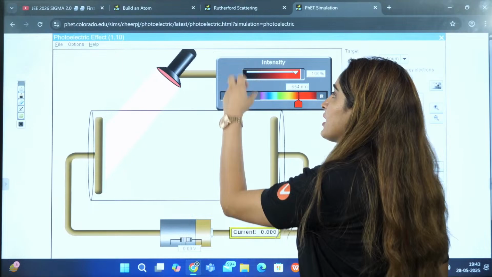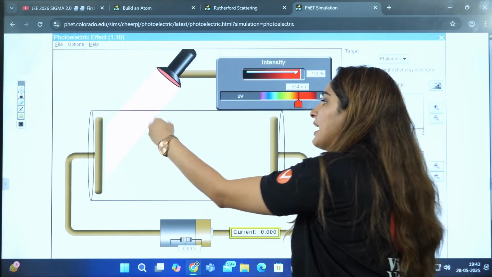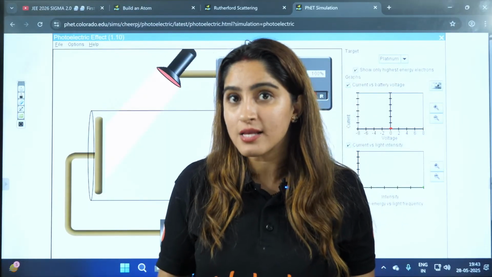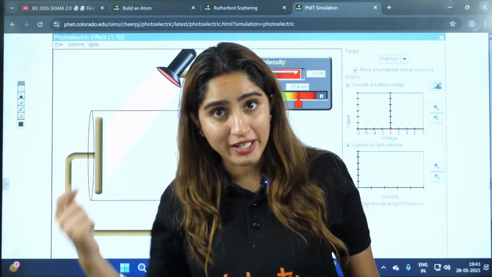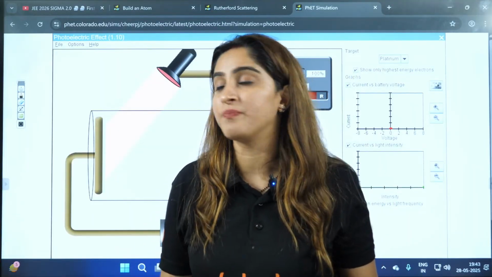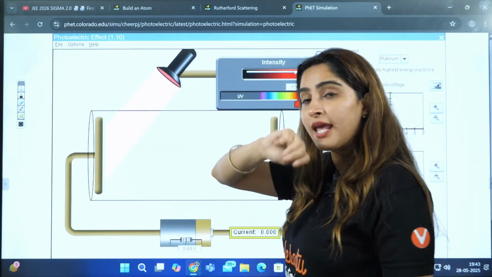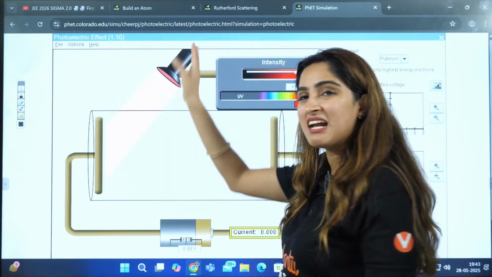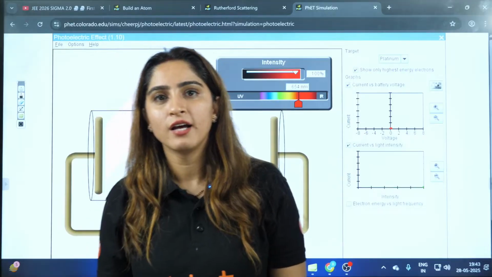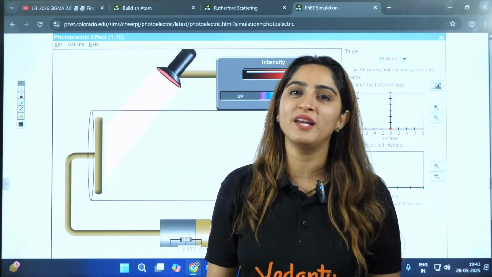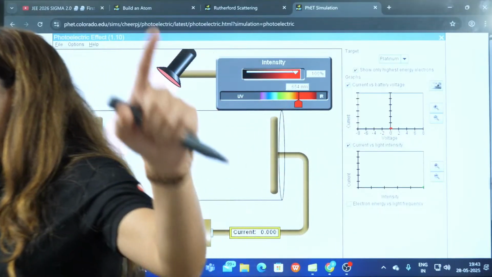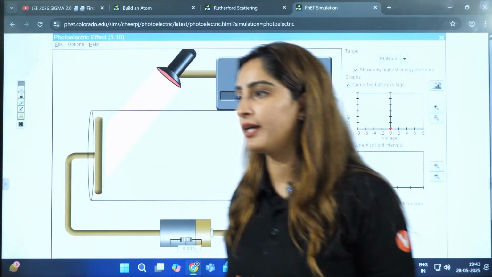But if the energy of the incident light is equal to the energy of the electron, then the electron will be ejected out, but it will not have any kinetic energy. Third case is, if the incident light has no energy, the convincing power is very low, Chintu will stay at home only. Electron will not be ejected here, right?